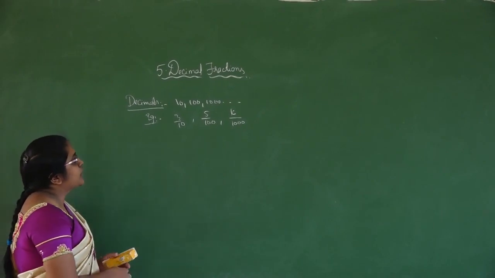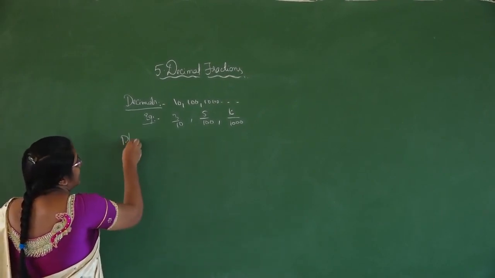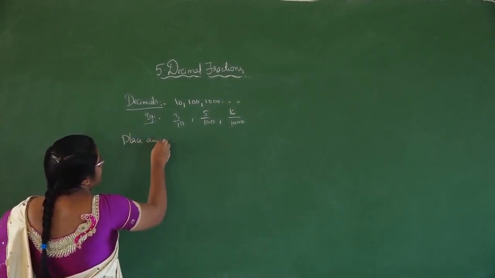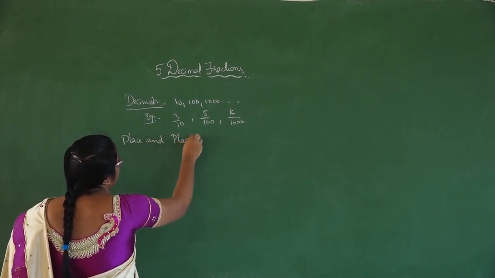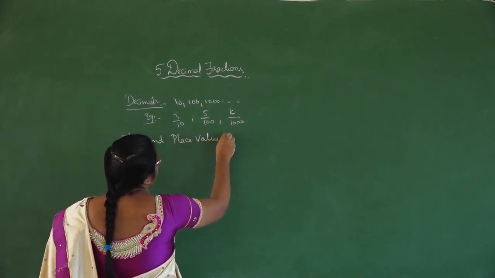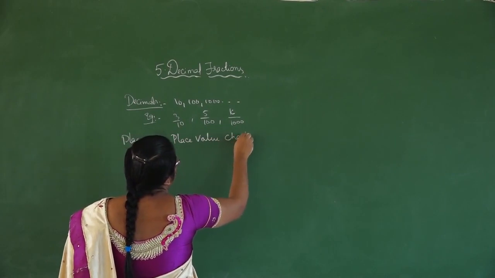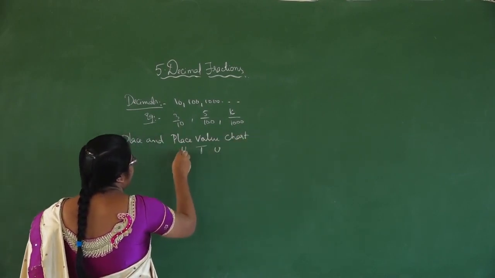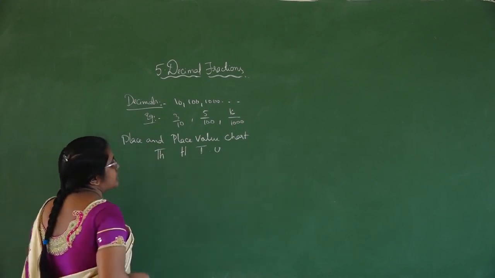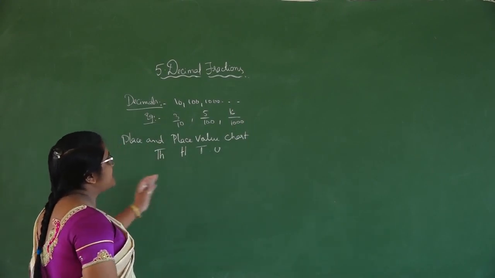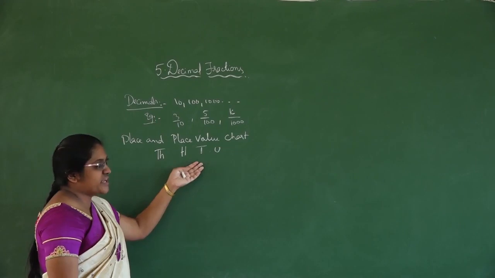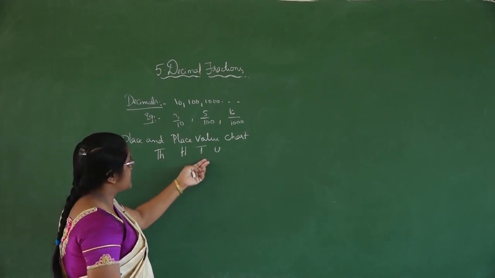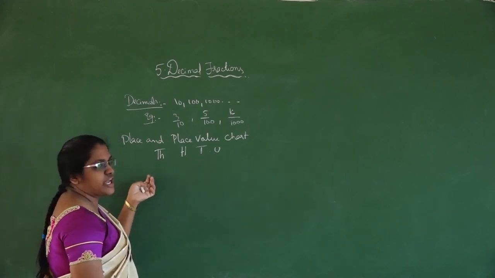Now we see the place and place value chart. See, units, tens, hundreds, thousands. When you go to the left side, the places are units, tens, hundreds and thousands.